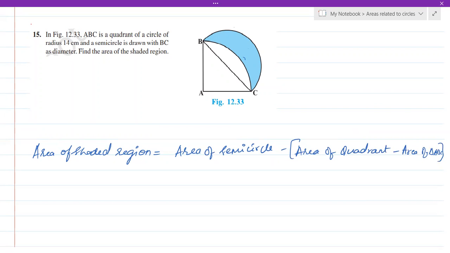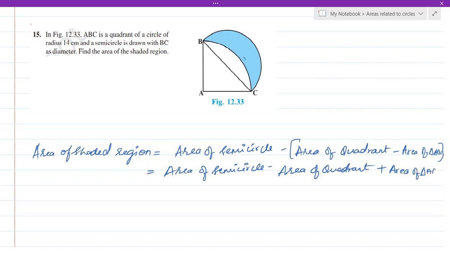If you remove the bracket, area of semicircle minus area of quadrant plus area of triangle ABC.